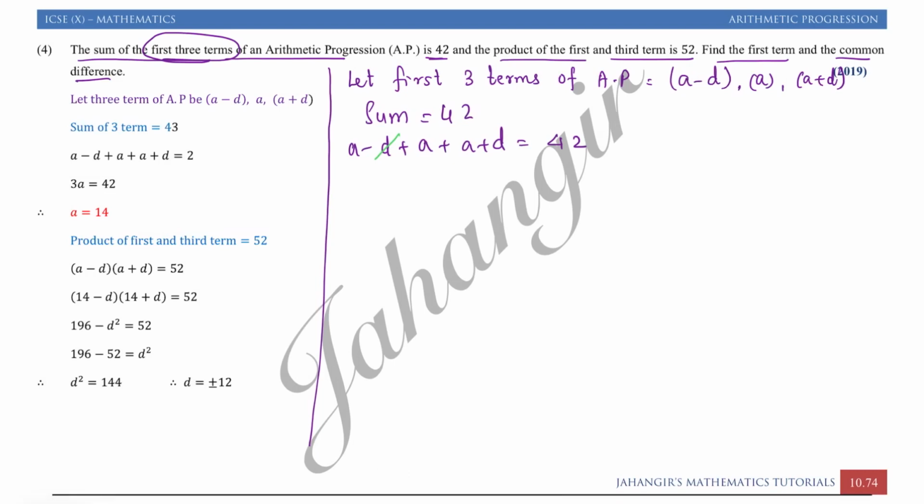Cancelling out D and D, we get A plus A plus A, that is 3A equal to 42.